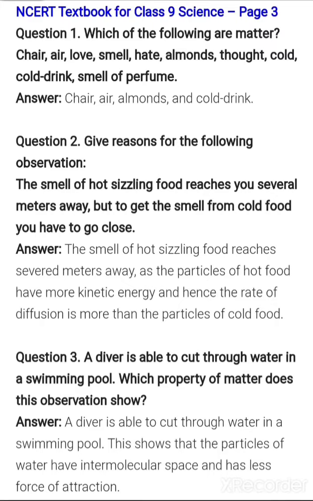Next question, question number 3. A diver is able to cut through water in a swimming pool. Which property of matter does this observation show? We have discussed activity 1.8, in which if we try to cut the surface of water with our fingers, it is quite easy.